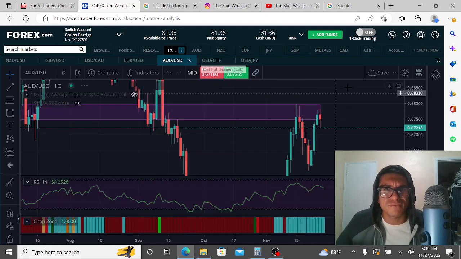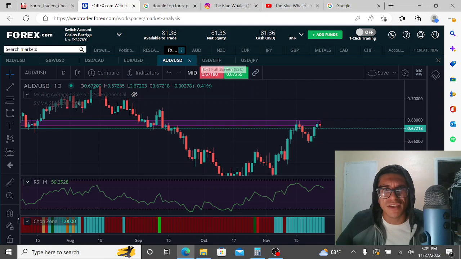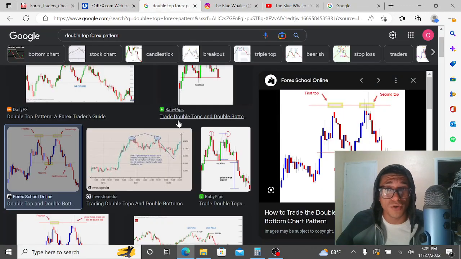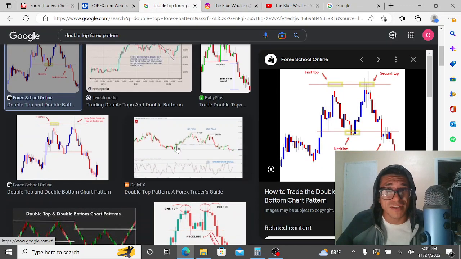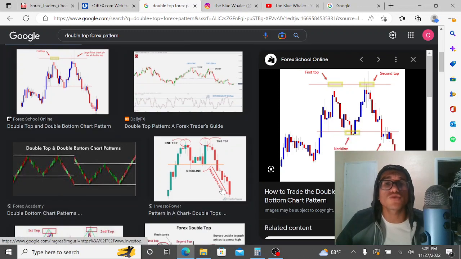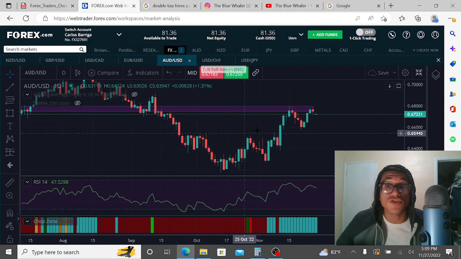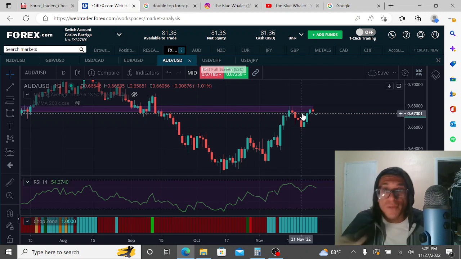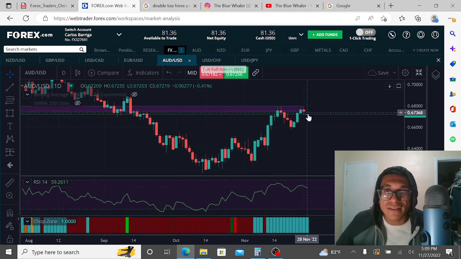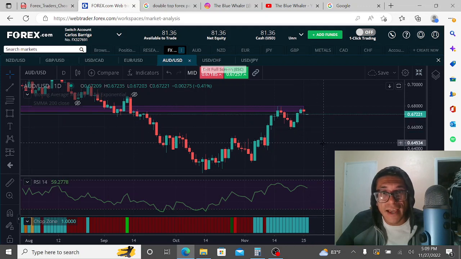So back to what I was saying. If that pattern is true according to these websites and just based off the Google images, and we saw this pattern on the daily time frame, then that's a lot of pips to catch, because this is just going to keep going down.